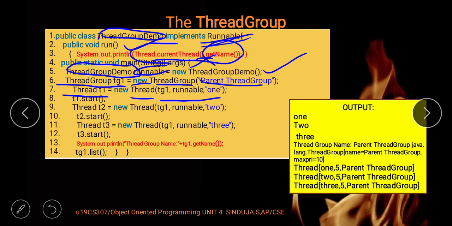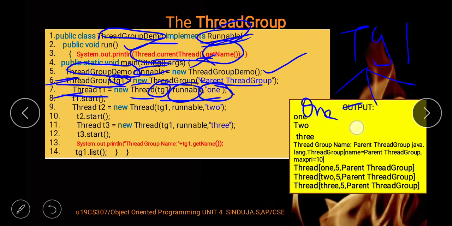I have already created a group, tg1, so I have mentioned the group name tg1. Then the Runnable interface, which I have given, and the third is the name of the thread. This is the thread name and this is the thread group name. So under tg1 I have three threads, that is 1, 2 and 3.